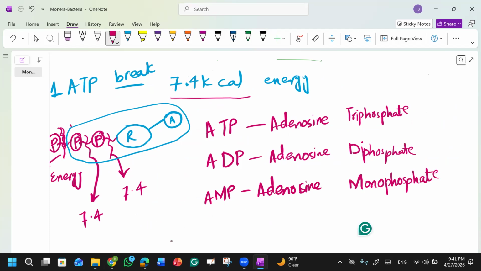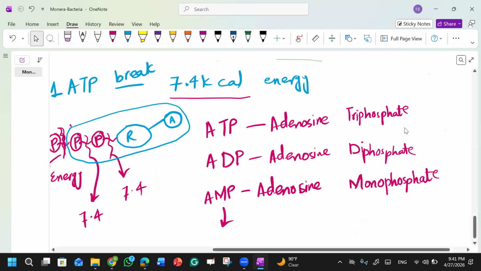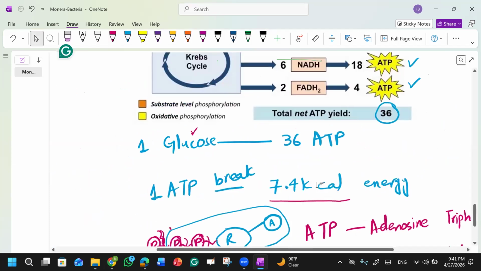So this is how the cycle continues. And ultimately, when this phosphate is loose, this whole molecule will be broken down and you will get the energy. So you get about 60 kilocalories of energy from just one ATP molecule.